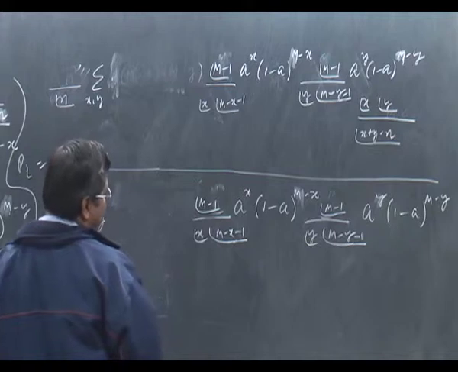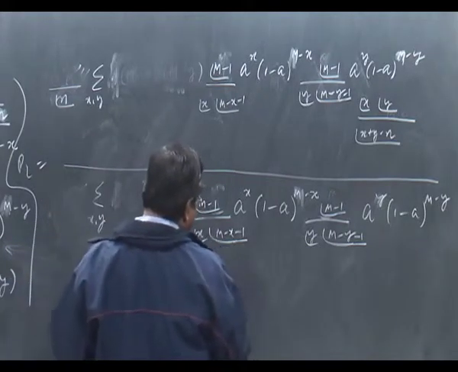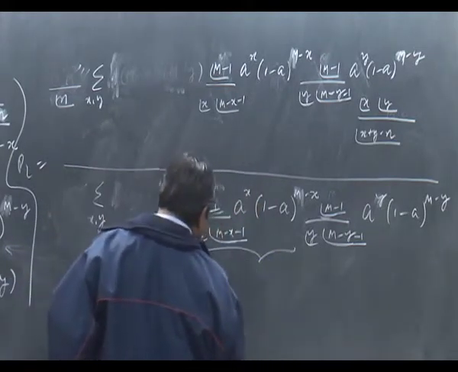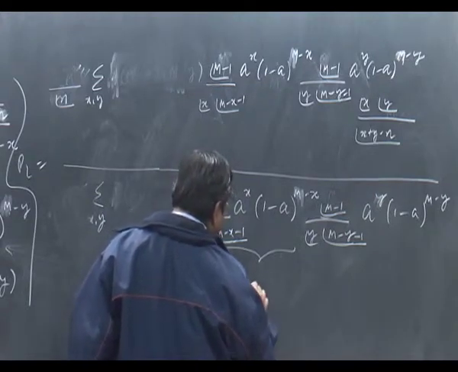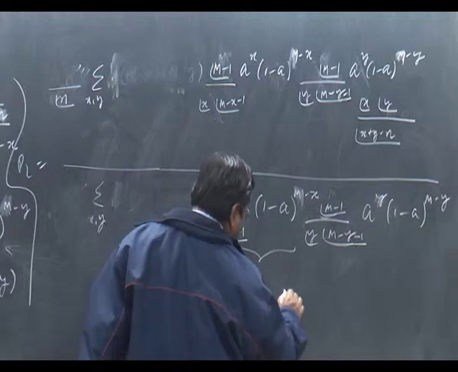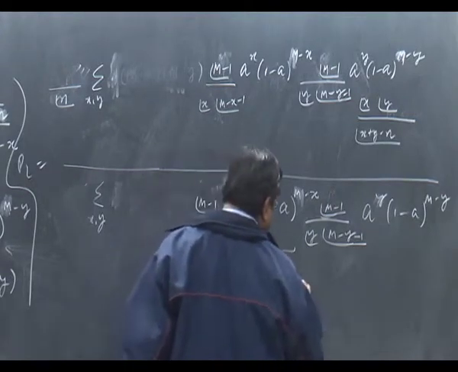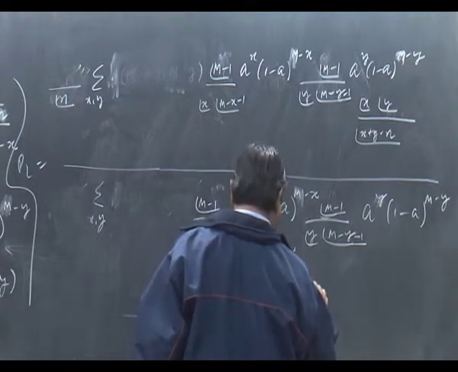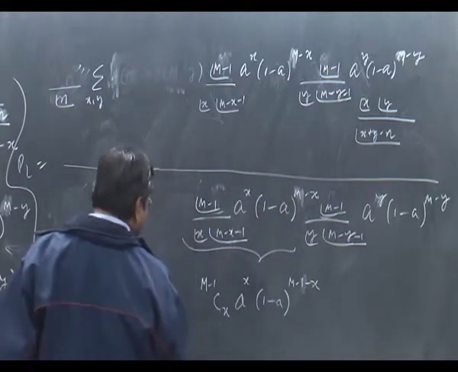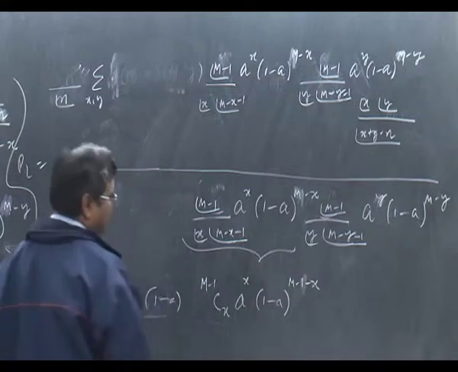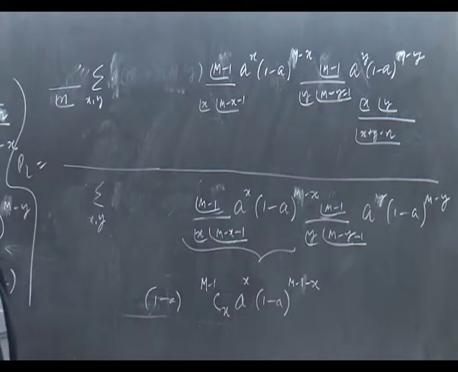Now this particular thing, if you look at this expression, is nothing but m minus 1 cx, m minus 1 minus x. So there is one extra 1 minus a which will be there. Okay.